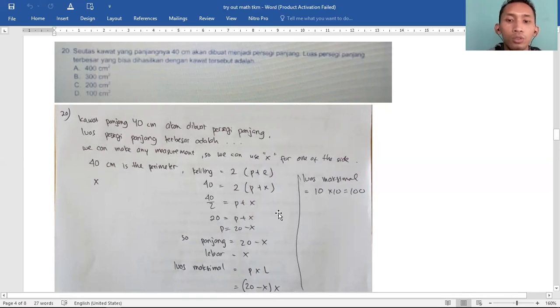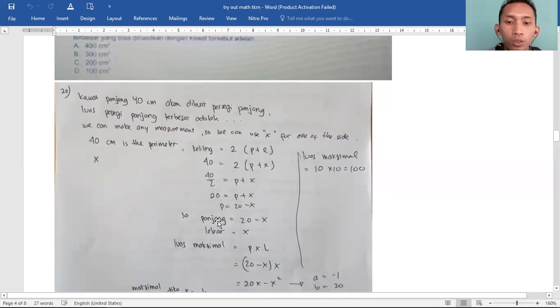Because we will have two lengths and two widths. So I divided 40 by 2, right? So 20 is length plus width. If width we put x, it means the length is 20 minus x. So this is the point. So length is 20 minus x and width is x.